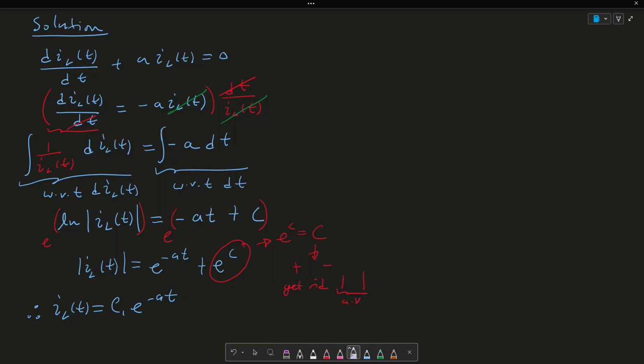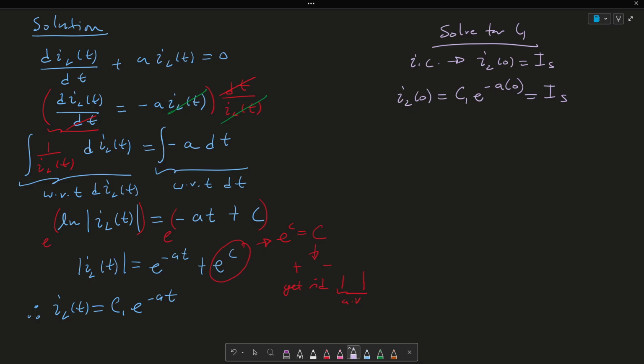All right? So if we wanted to solve for C1, we can use our initial condition, which states that IL of 0 is equal to IS. So when t is equal to 0, our solution is IS. So then we get that IL of 0 is equal to C1 e to the minus A times 0, which has to equate to IS. We notice that e to the minus A times 0 is just 1.